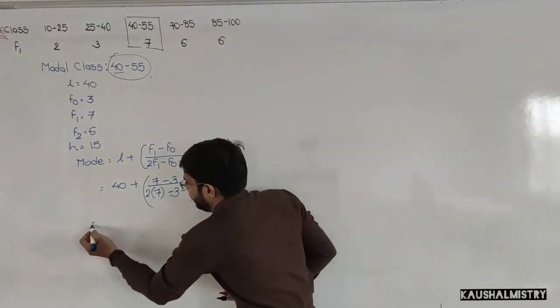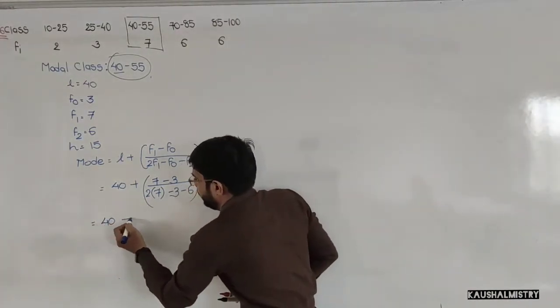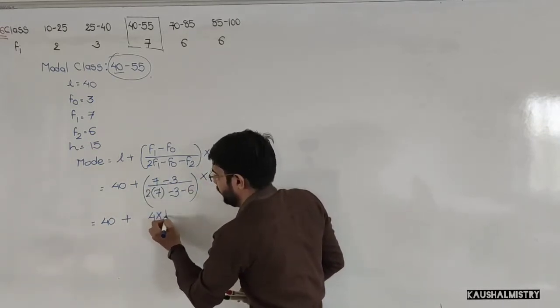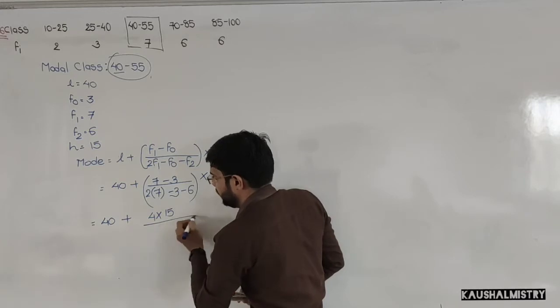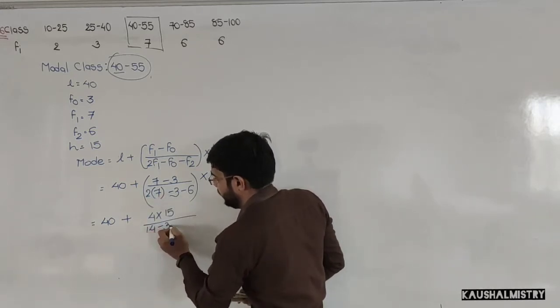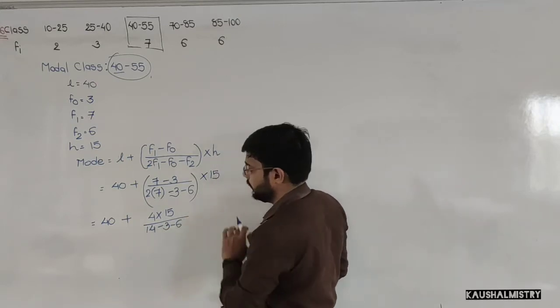So this will be 40 plus 7 minus 3, that is 4, 4 multiplied by 15. 7 2s are 14, 14 minus 3 minus 6, right?